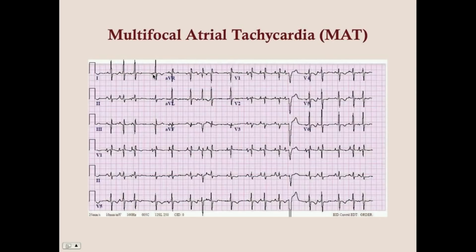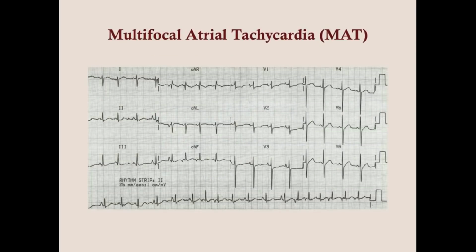It's kind of a little dotty looking thing, and here's a nice big peaked one. And here's, if you look down here at this long V5, you've got a small one and kind of this little tiny one that dips, and this one that's kind of peaked. So you've got different looking P waves, and that's multifocal atrial tachycardia.